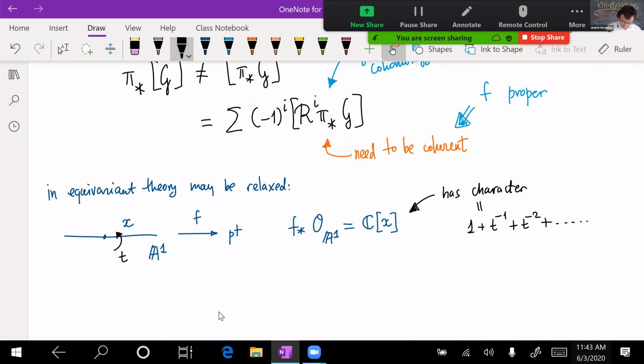And so what suffices to assume, for example, is that G can be contracted to a proper subset.